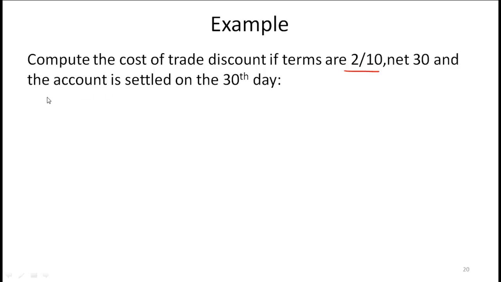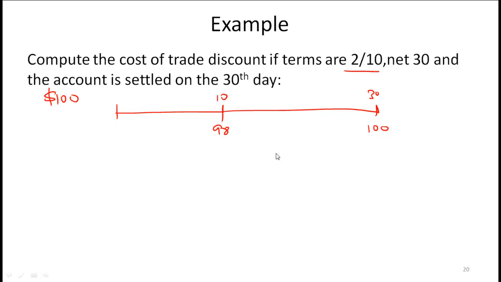The simple way to look at this problem is, let's say you buy something worth 100. Essentially, if you pay by day 10, then you are only paying 98, versus if you pay on the 30th day, then you are paying 100.